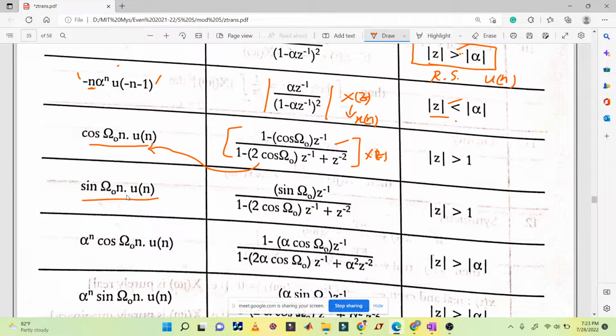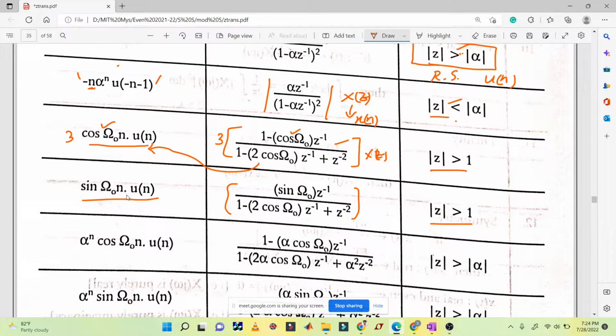Then we have this one, it is for sine. You can see here cos omega naught is there, so cos omega naught n comes. You can directly write the answer as you think. If there is any multiplication factor here, you only have to multiply it outside. Similarly, for the sine signal, for both of these z is greater than 1.